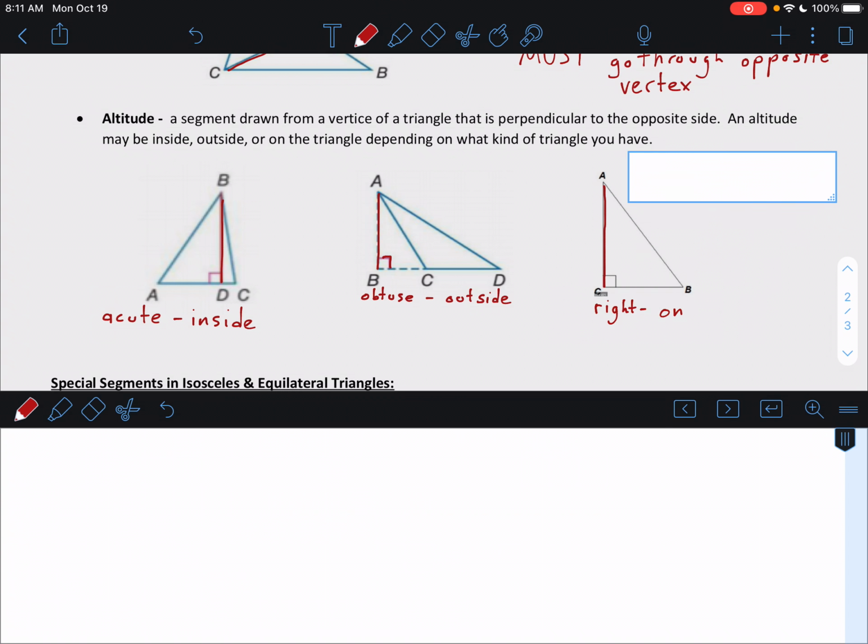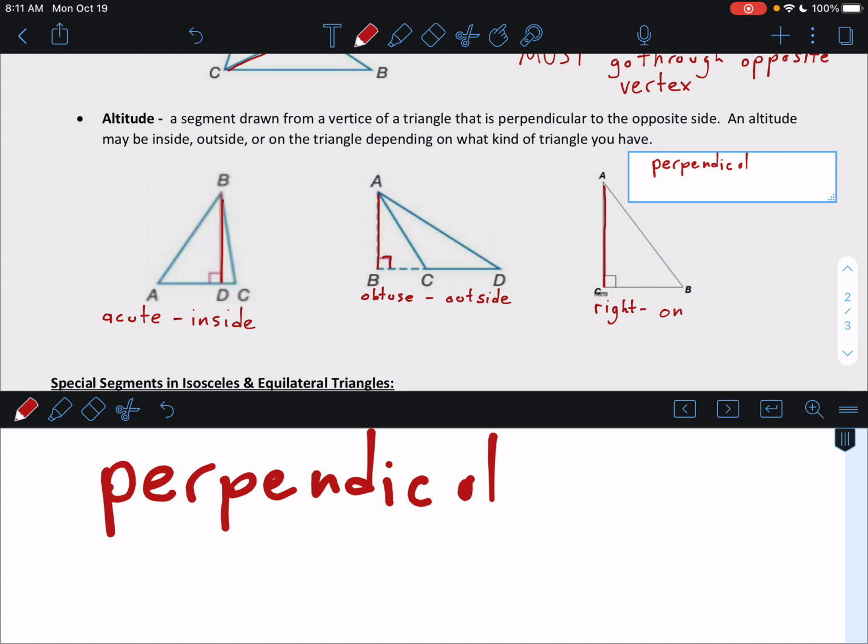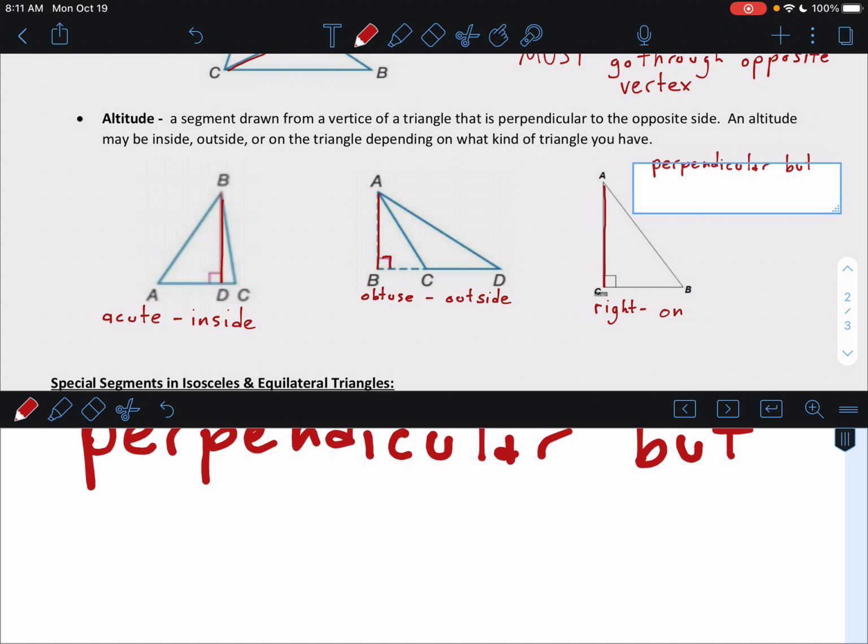And the altitude, as I was saying before, is perpendicular, but not necessarily a bisector.